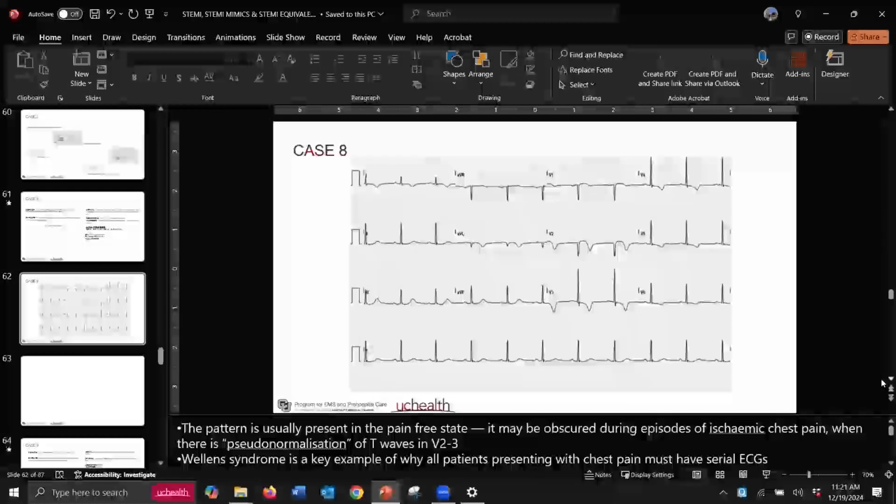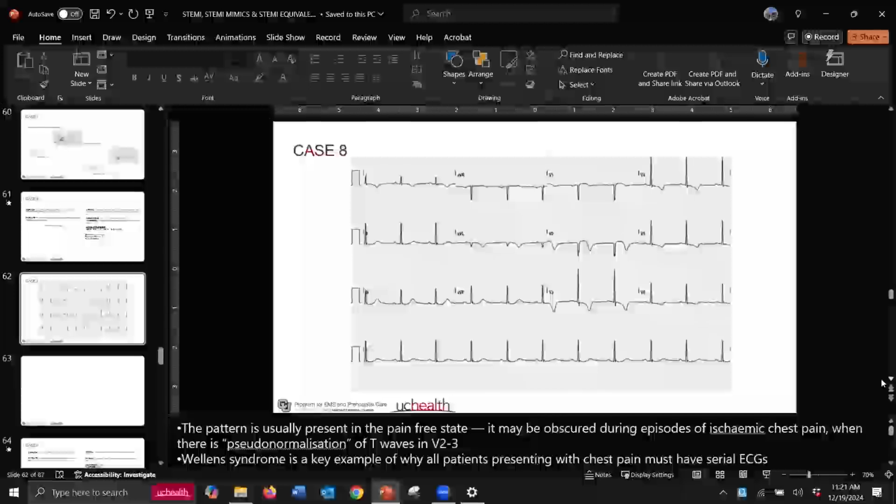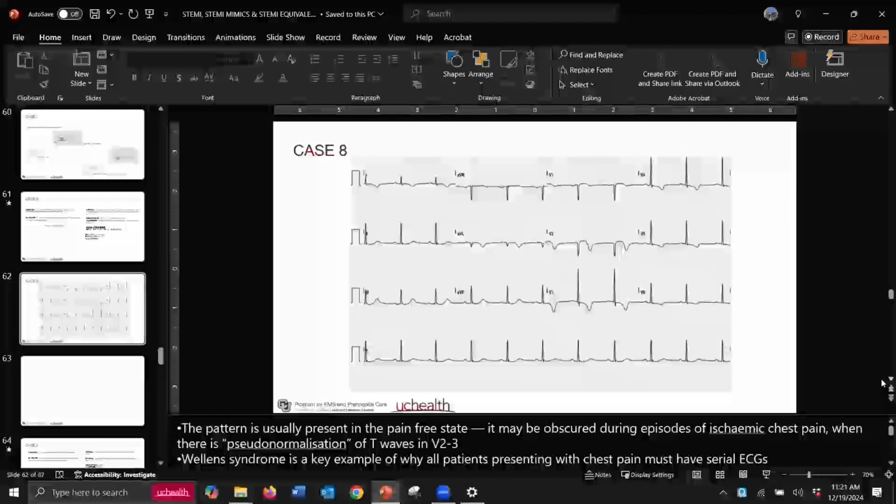Wellens syndrome? Type A or B? Depends whether you look at V2 or V3. Is this Wellens? Shake your head up and down. Right? Depends, right? Type A is V2, type B is V3.